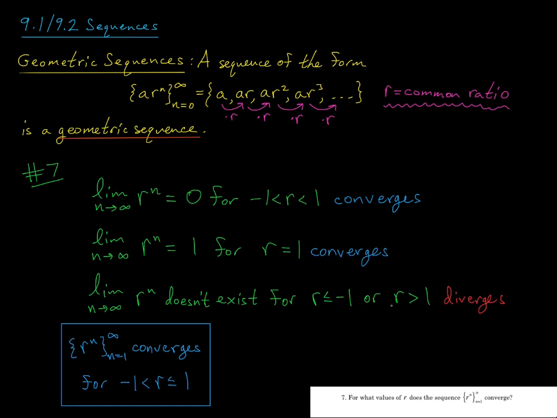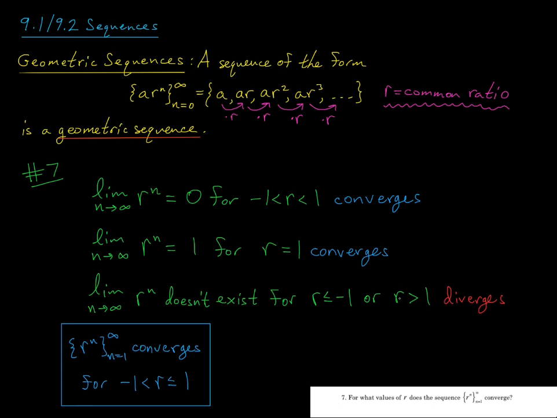If I am not between -1 and 1, including 1 but not -1, then the limit will not exist. We looked specifically at the case when R was equal to -1, and we saw that alternation between 1 and -1, and we diverged in that case.